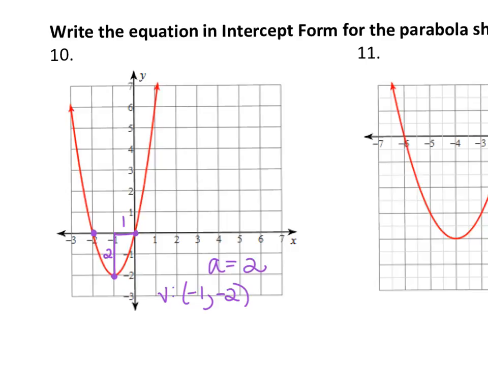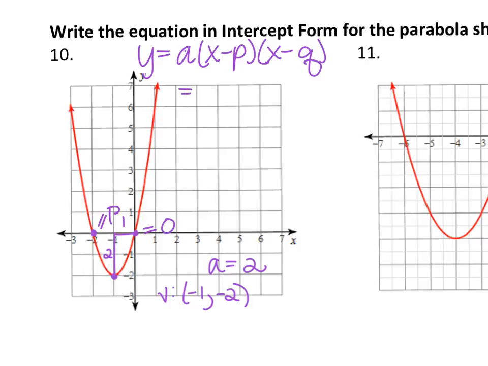And now we're just going to be using our equation, y equals a times x minus p times x minus q. So we're just going to fill out our p and q. Our p is negative 2, our q is 0. So we're going to have a, which is 2, times x minus p, which is x plus 2, and then x minus 0, or you could have just left that as x.